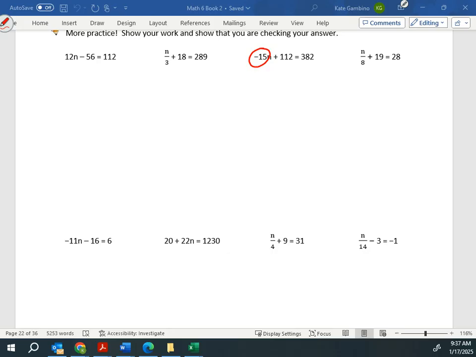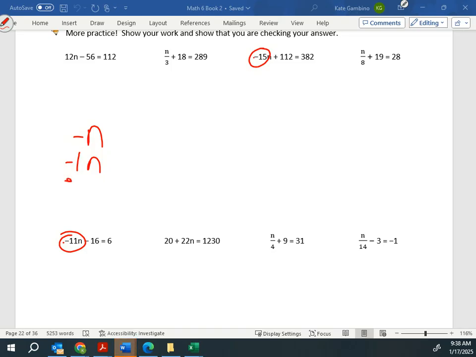So if you see a negative, you need to divide by the negative number. So keep that negative with it. We want our answer to be a positive n. N equals, we don't want negative n equals. If it's a negative n, that's saying negative 1n, and we need to change that to a positive.